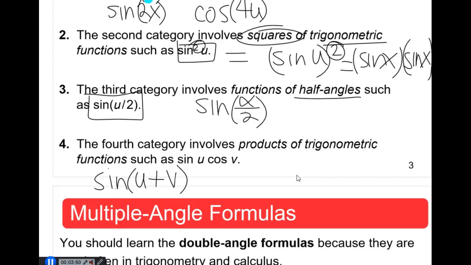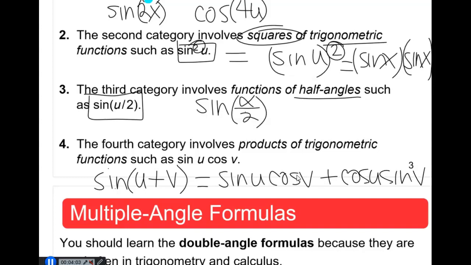That was section 5.4. And it was something like the sine of the first angle times the cosine of the second angle plus the cosine of the first angle times the sine of the second angle. So here when we say products of trigonometric functions, we're referring to things like that. Here we have one trigonometric function times the other, so that's a product right there.